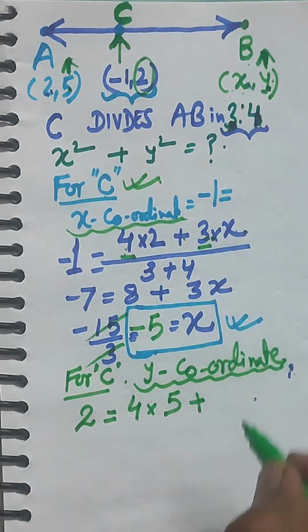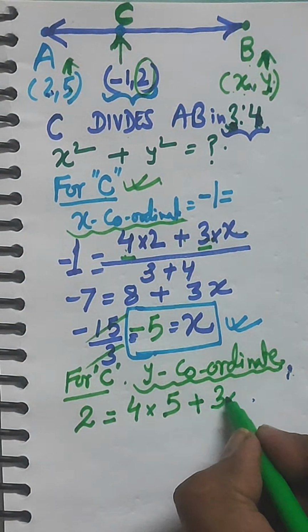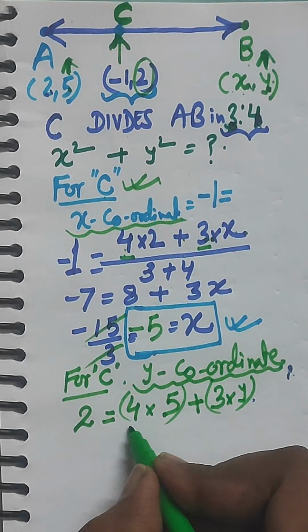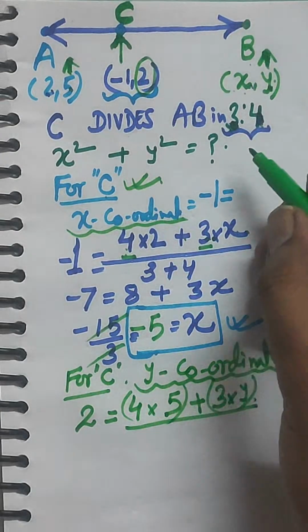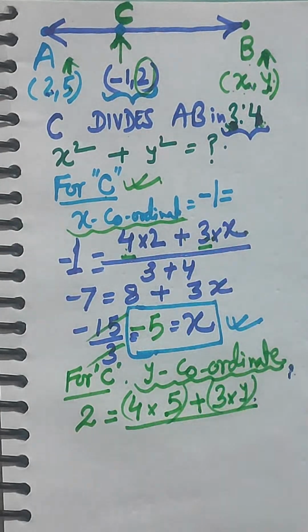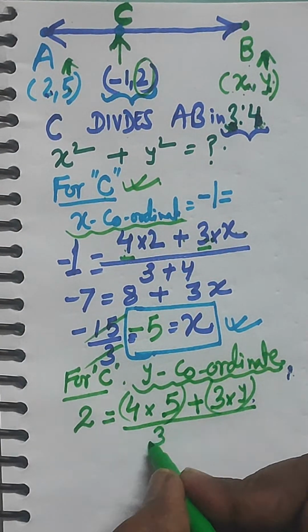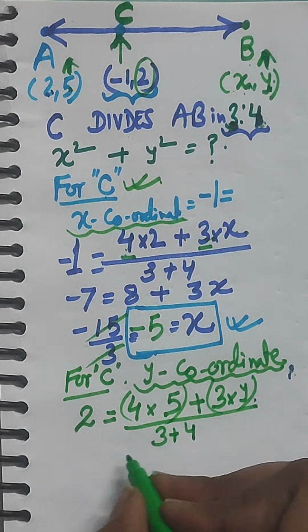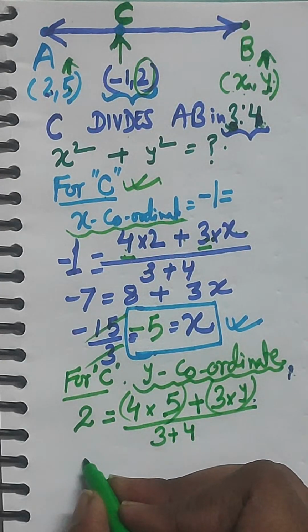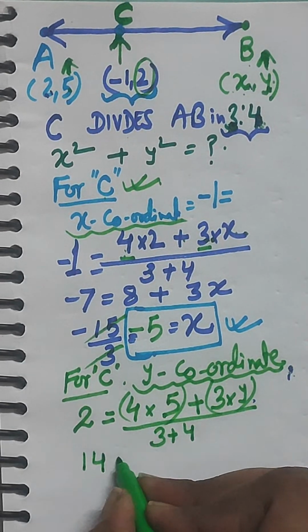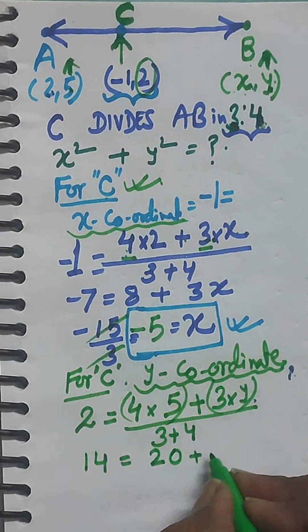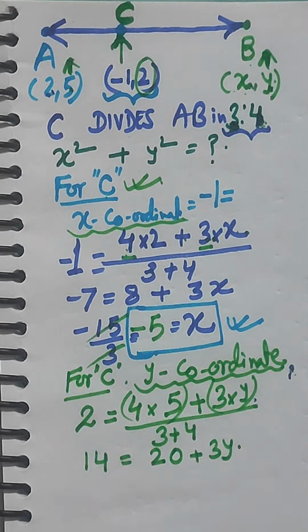So 3 into y. 4 into 5 plus 3 into y divided by 3 plus 4. So this will give you 7 into 2, 14 on the LHS is equal to 20 plus 3y.